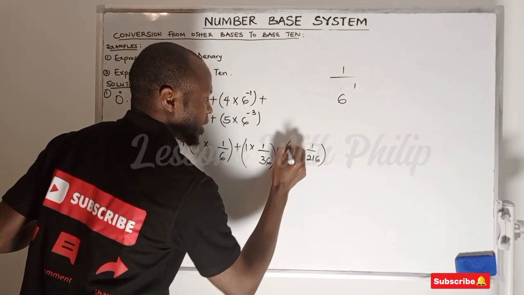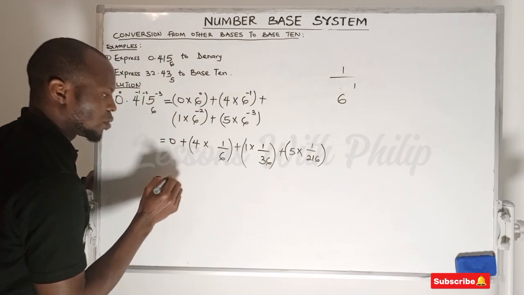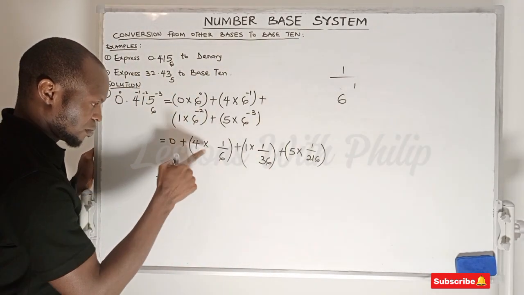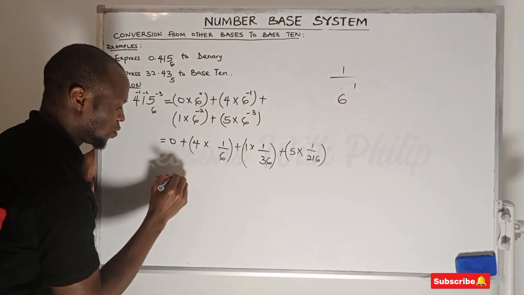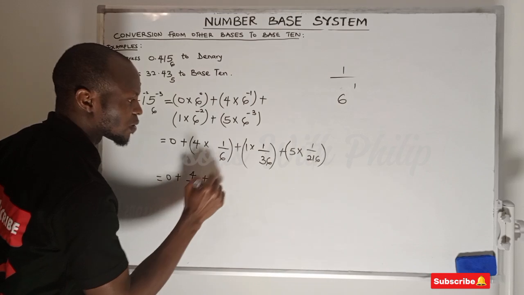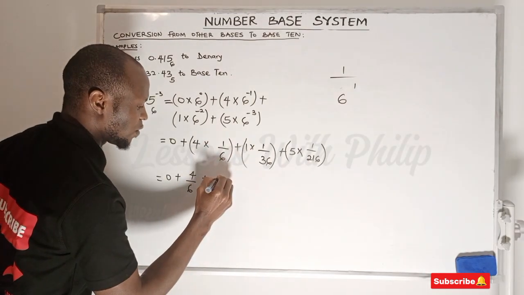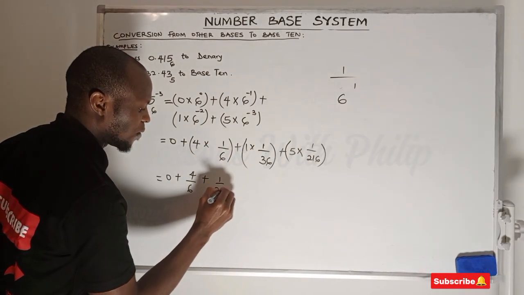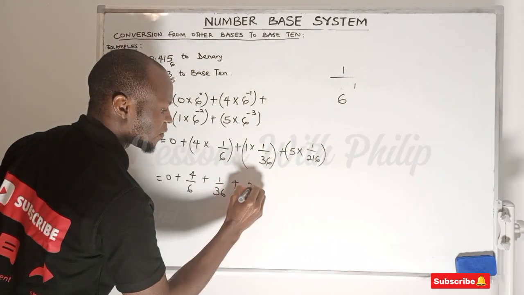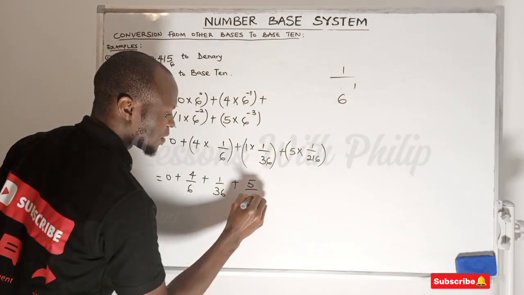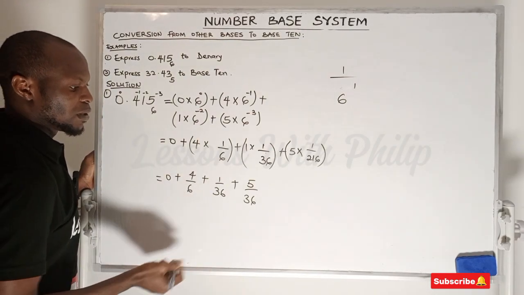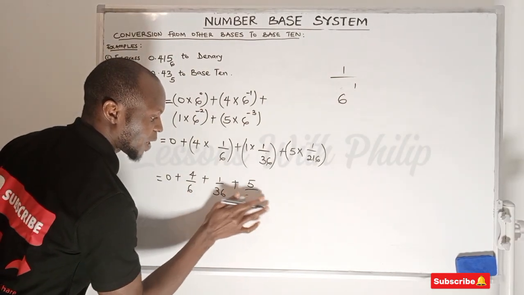All right. So the next thing is to open the brackets. This will now be 0 plus 4 over 6 plus 1 times this will give me 1 over 36. Plus 5 times this will give me 5 over 216.